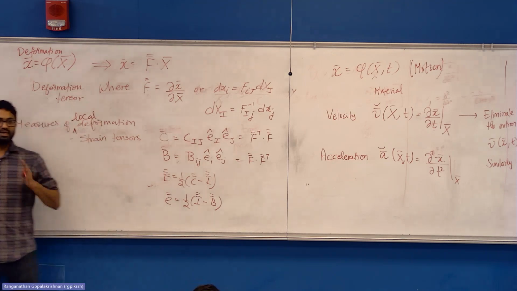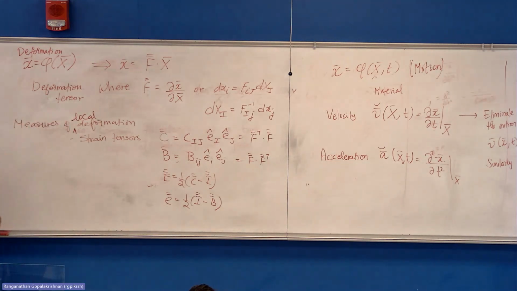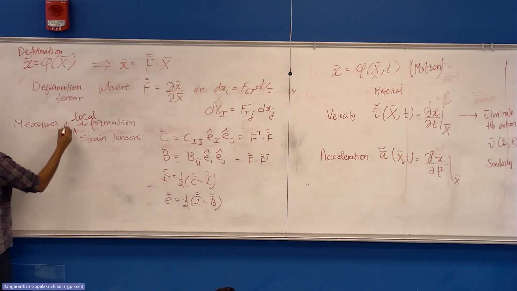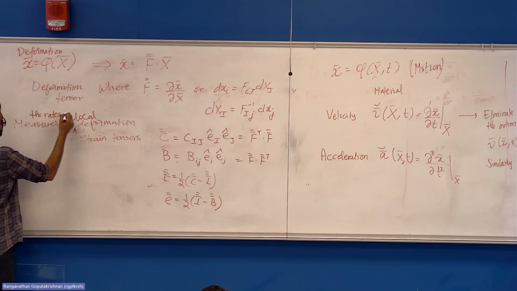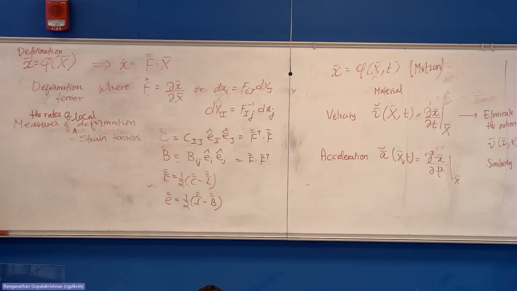Now we are going to see measures of the rate of local deformation. From a static world where only change in length or change in something was of interest so far, we are now going to see measures of the rates of local deformation. Okay, that's our big leap.